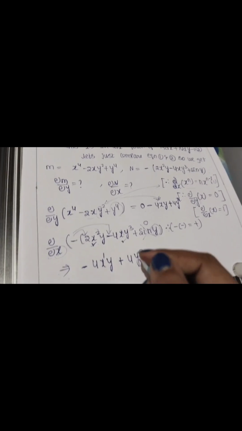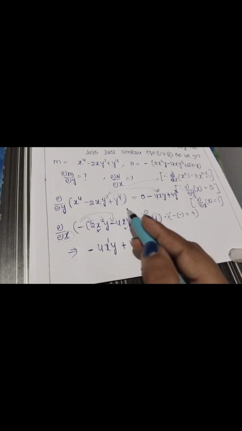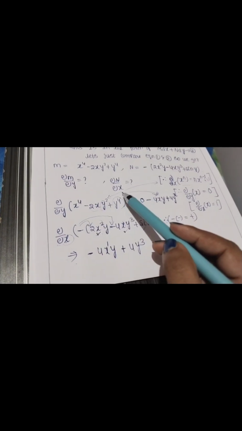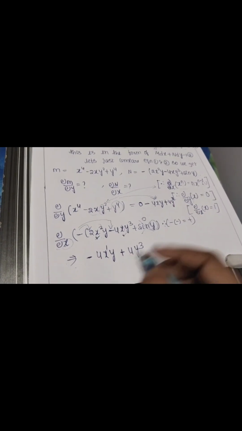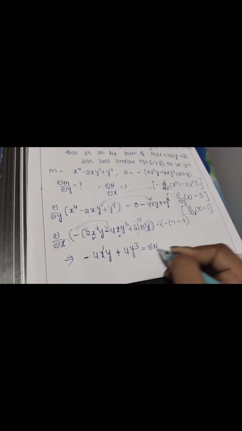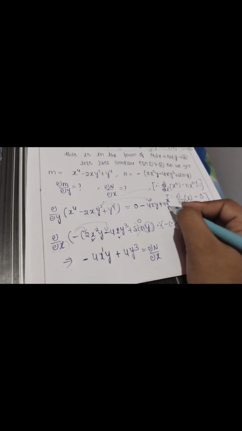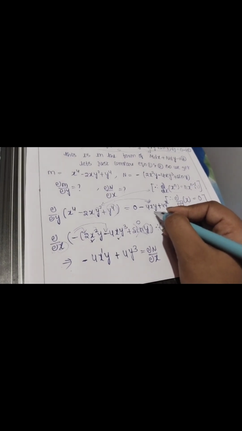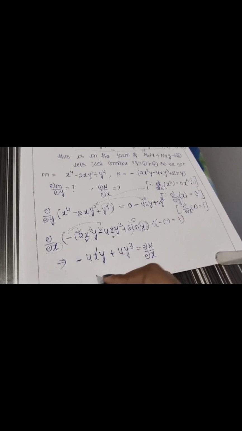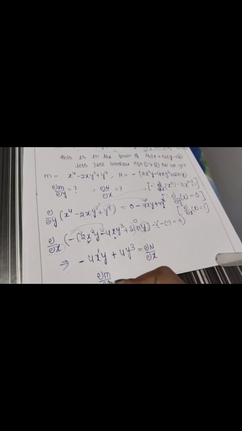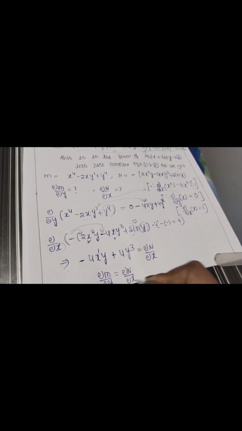Now we have to match both terms, ∂M/∂y and ∂N/∂x. This is the ∂N/∂x value, and this is the ∂M/∂y value. So we are matched: ∂M/∂y equals ∂N/∂x.